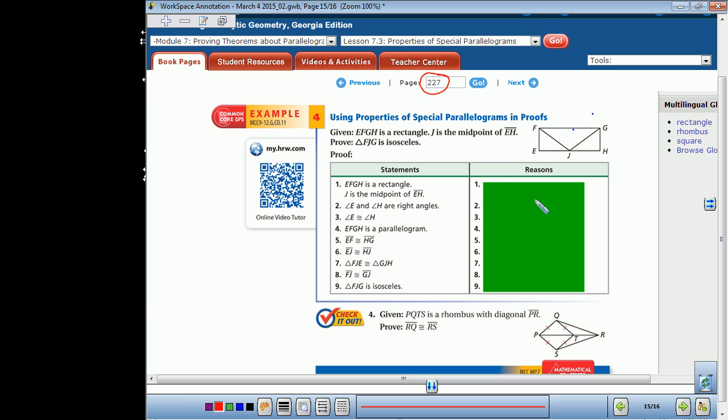All right, so we're on page 227 in your textbook, looking through this proof. It tells us EFGH is a rectangle and J is the midpoint of EH. So before we ever start the proof, let's talk through this, guys. If it's a rectangle, are those 2 right angles? Yes. J is the midpoint of EH. Doesn't that tell us that this is congruent to that? Well, if it's a rectangle, isn't it also a parallelogram?